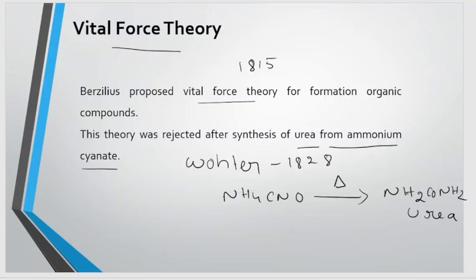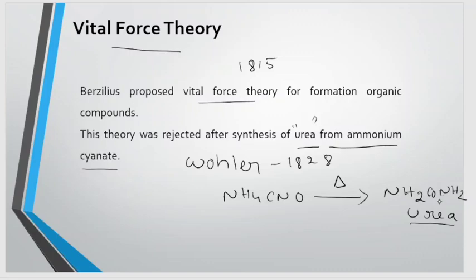It was rejected after the synthesis of the first organic compound, urea, from the inorganic compound ammonium cyanate by the scientist Wohler in 1828. Ammonium cyanate, NH4CNO. After heating, the ammonium cyanate undergoes rearrangement and readily produces the first organic compound, urea, with the formula NH2CONH2.